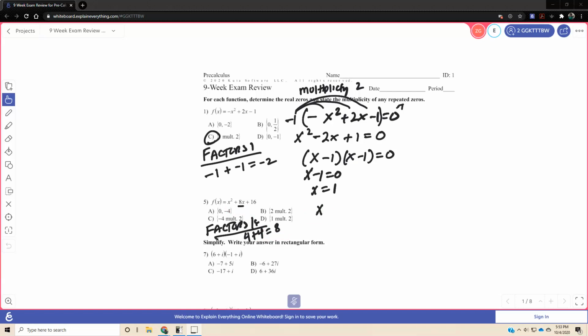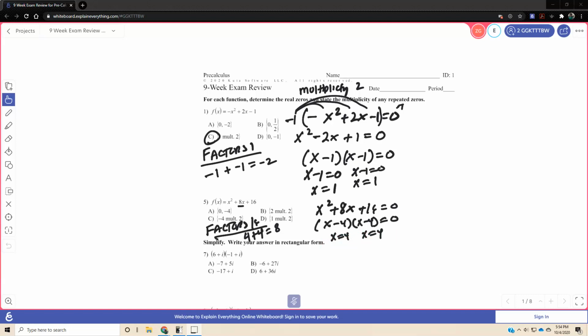So we have x squared plus 8x plus 16 equals 0. And once again, we have x minus 4 times x minus 4 is equal to 0. Now, on the one before it, I had x minus 1 equal to 0. I could have written it twice, but I'm going to do it here just to prove my point that there are two roots that are the same. So here we have x equals 4, and we have x equals 4.